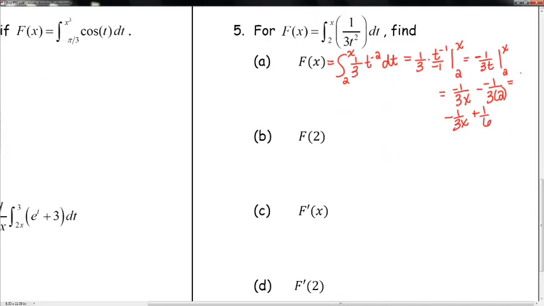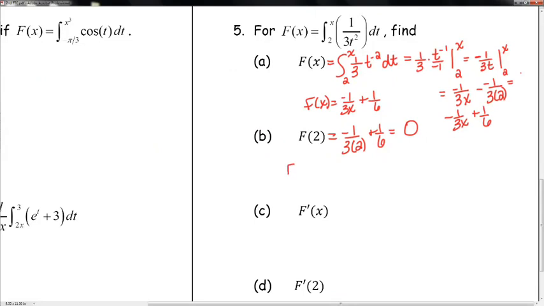If we want to find f of 2, we could just plug in. I know what my f of x is. F of x is equal to negative 1 over 3x plus 1/6. And so we just plug in, and that ends up giving me 0.